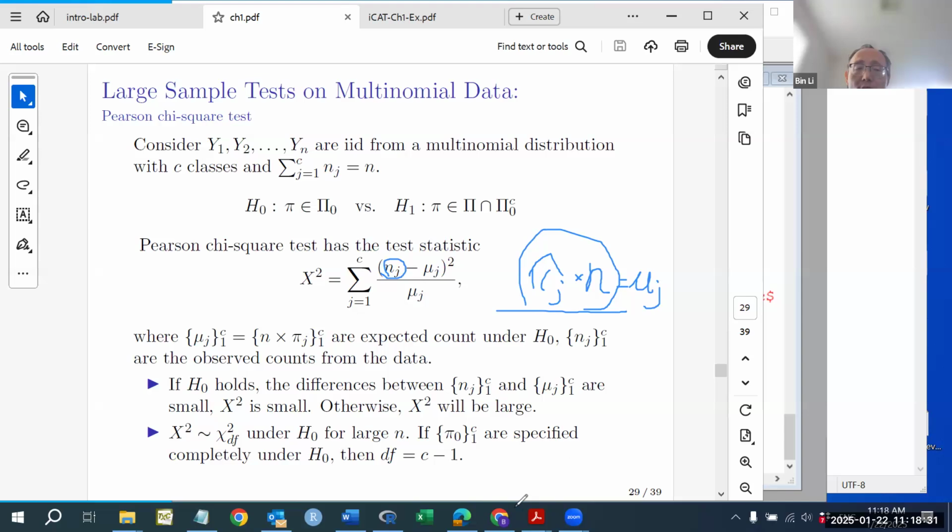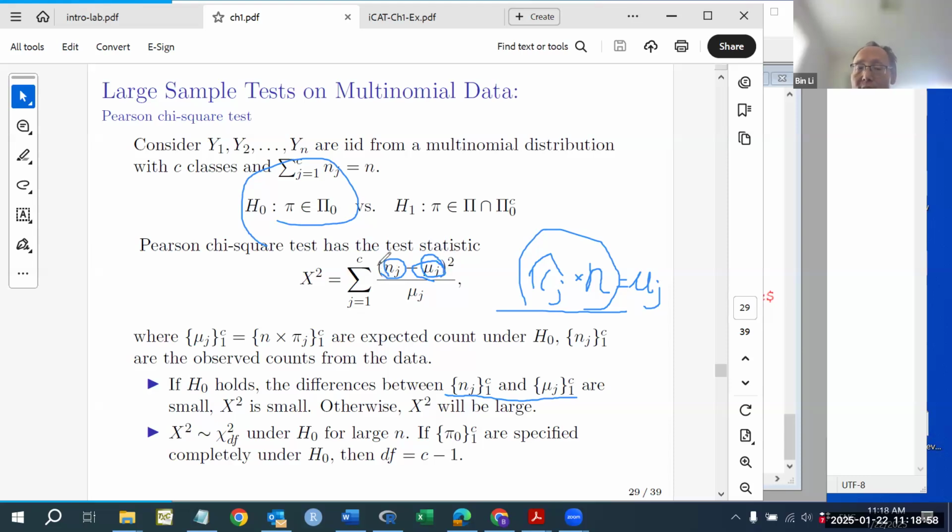Okay, so if the null hypothesis holds, the difference between nj and mu j will be very small. Does that make sense? If the null hypothesis is true, these two values will be very much the same, because the expected value is calculated based on the null hypothesis.